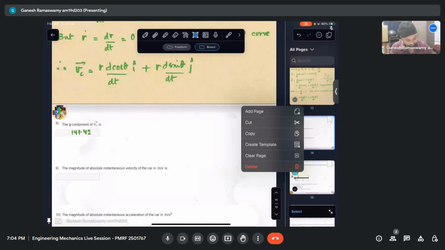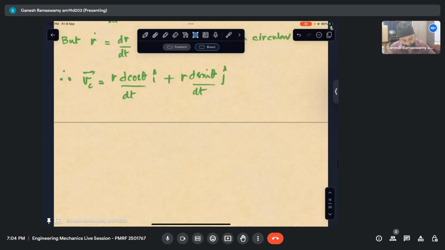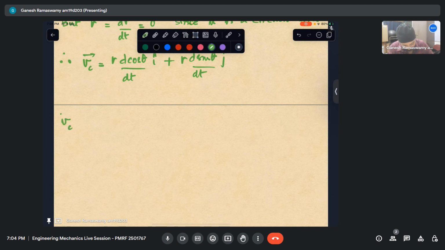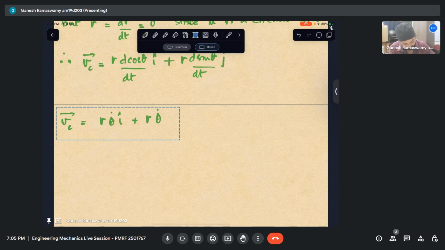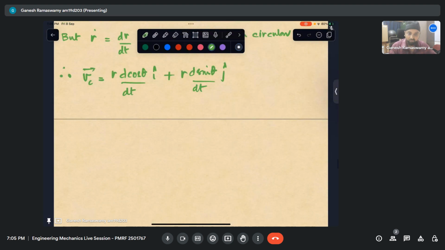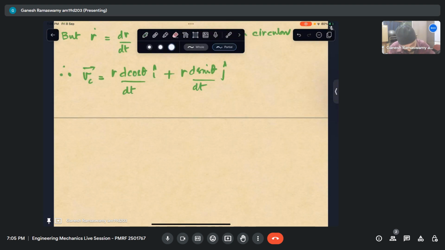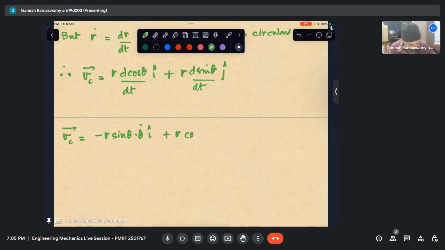In other words, Vc is given as r theta dot I cap plus r, in other words, Vc comes out to be minus r sin theta theta dot I cap plus r cos theta theta dot j cap.